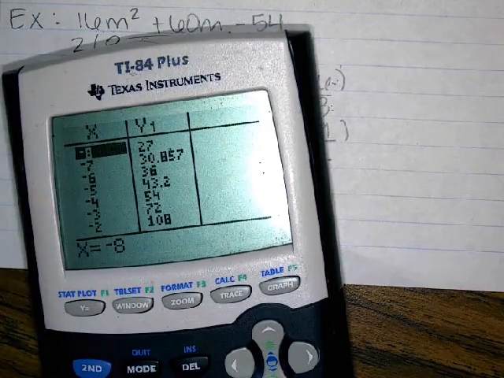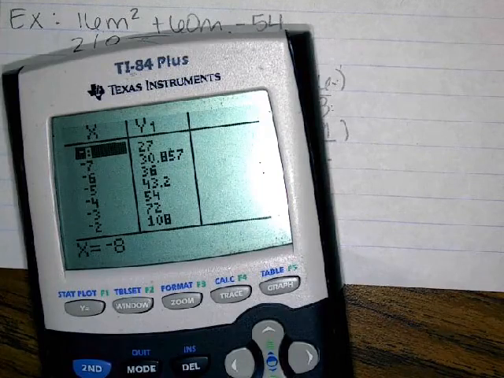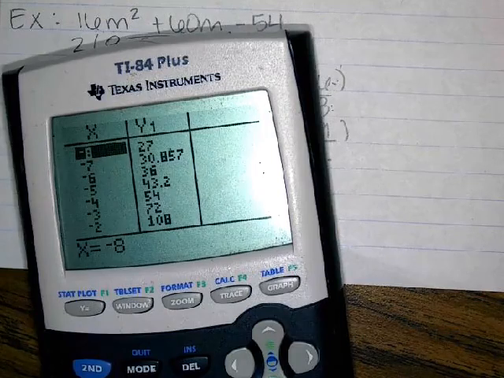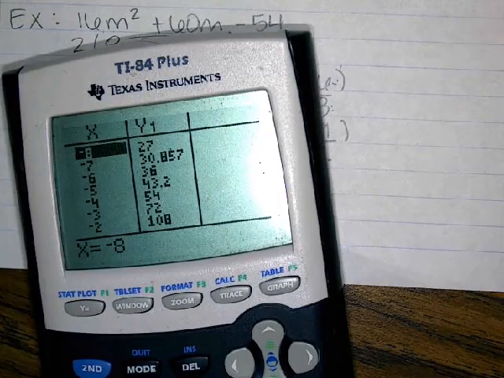So we're going to start on the front side of this page, and we're going to do number 9 together because the numbers are very large. Okay, let's do number 9.